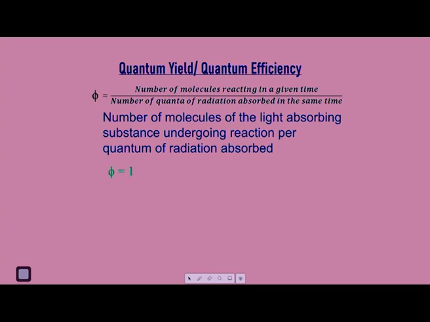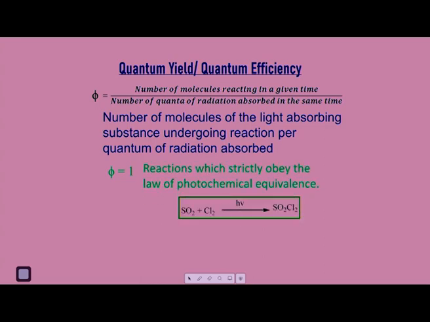Now, the quantum yield can be 1, that is the ideal case. When we say phi is equal to 1, an equal number of molecules get converted to the product as the equivalent radiation absorbed. Such a reaction strictly obeys the Stark-Einstein law or the photochemical equivalence law.